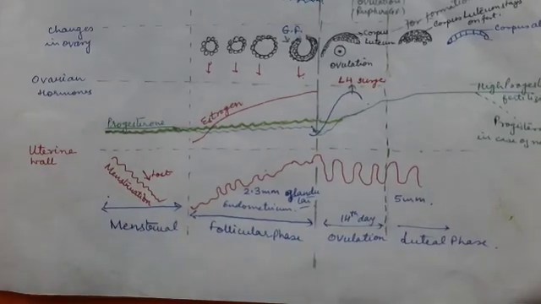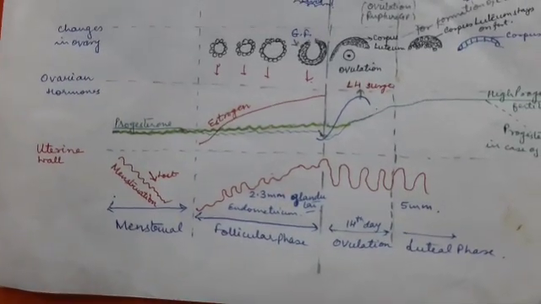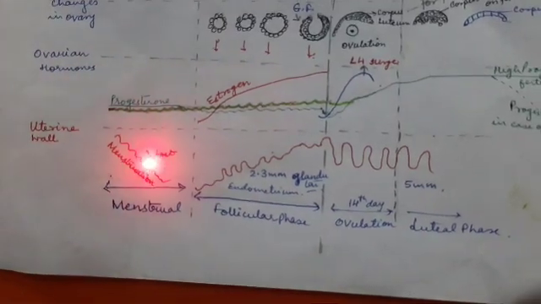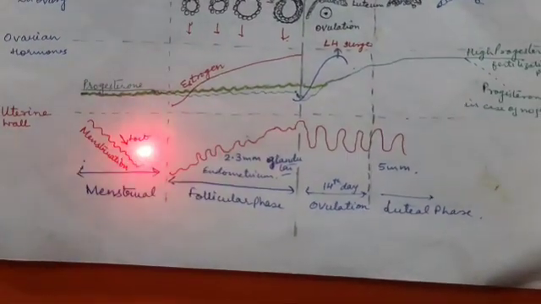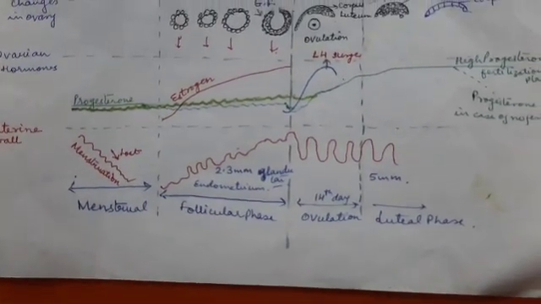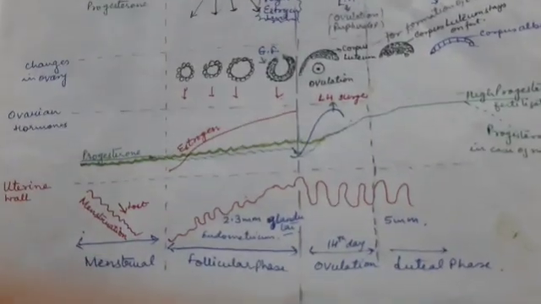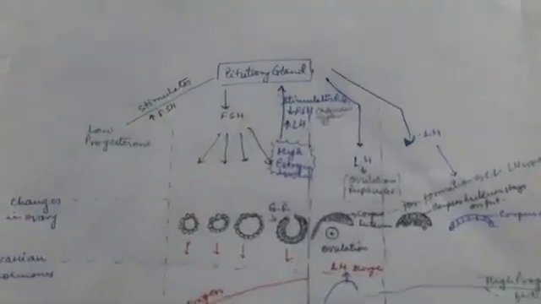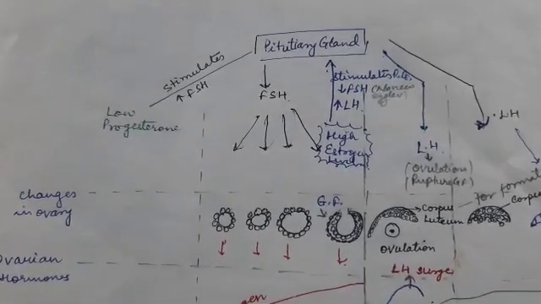In the first phase, what exactly happens is that the endometrium lining, which I have shown here, is lost. We can assume this as the endometrium lining and it is getting lost, and this is known as menstruation. This takes place when the progesterone level is very low. During this phase you can see low progesterone level, which is secreted by the corpus luteum.